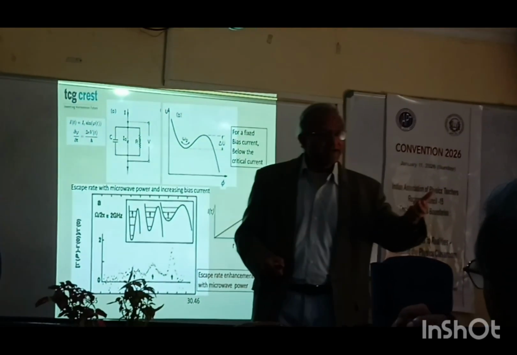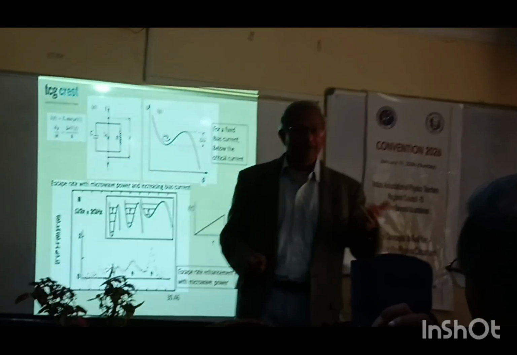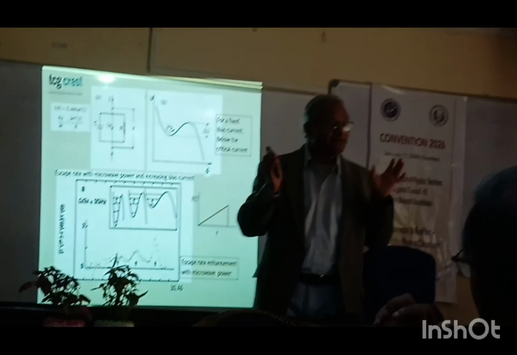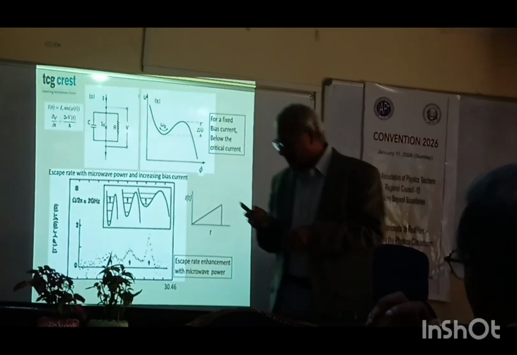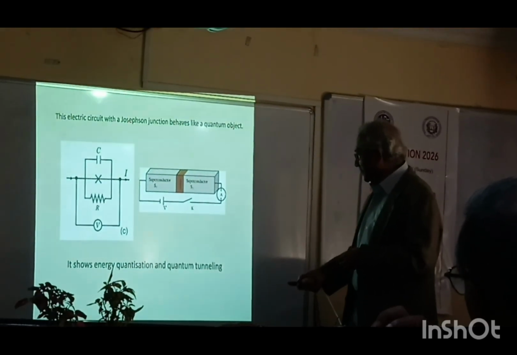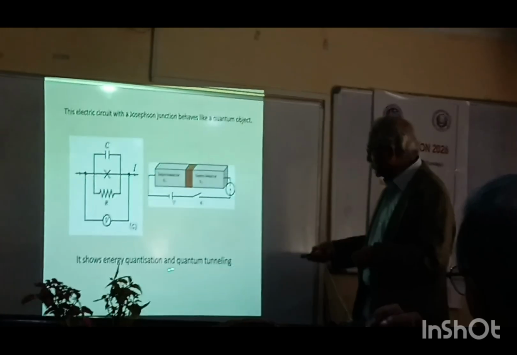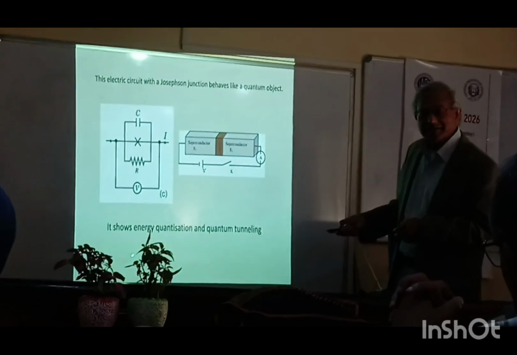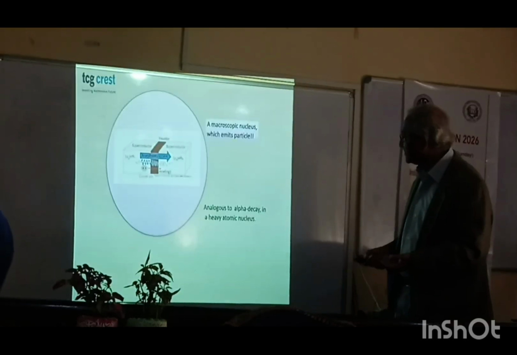So quantum tunneling as well as energy quantization, these are the two things. Quantum behavior is shown for this electric circuit that contains a Josephson junction. So this circuit now shows energy quantization and quantum tunneling. And that is why these people got the Nobel Prize by demonstrating that.